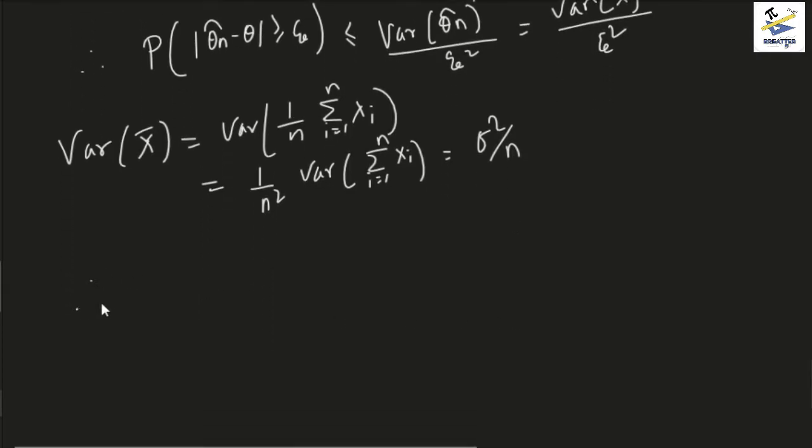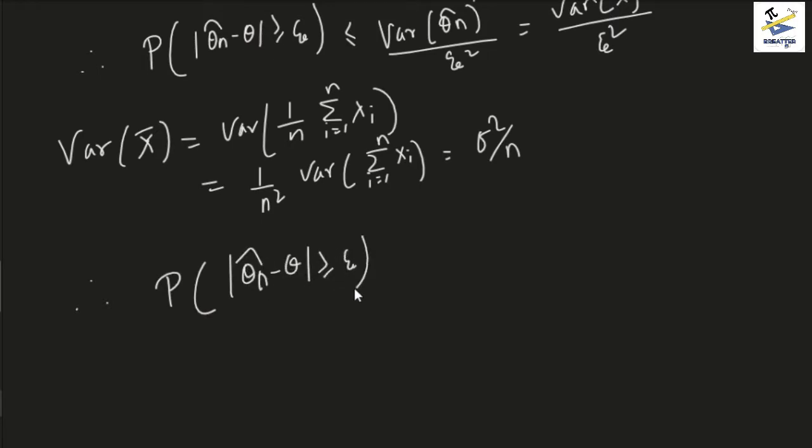Therefore, the probability that theta n cap minus theta is greater than or equal to epsilon is less than or equal to sigma square by n epsilon squared.